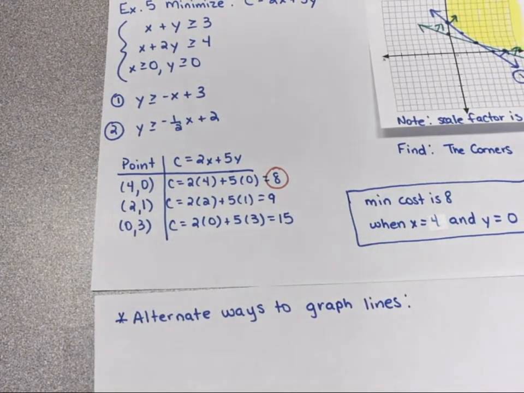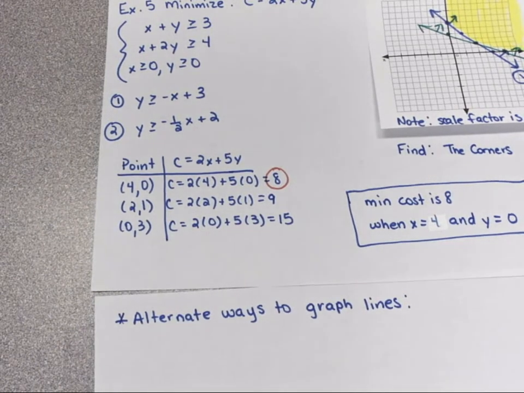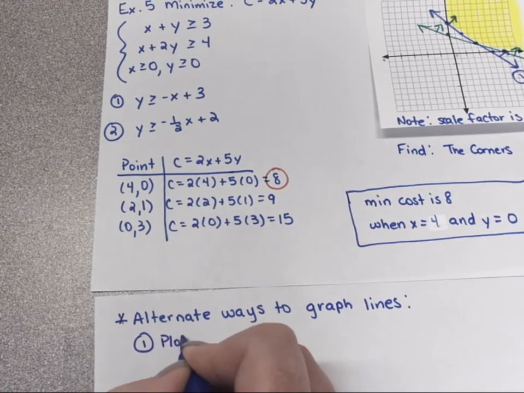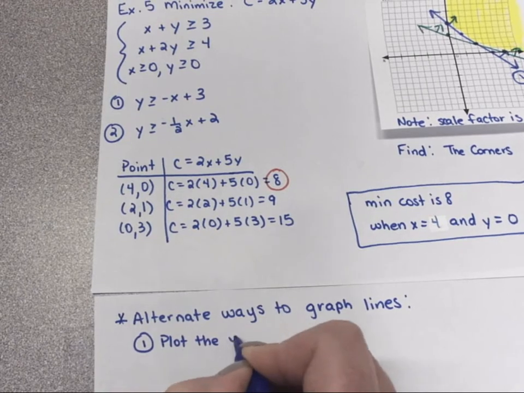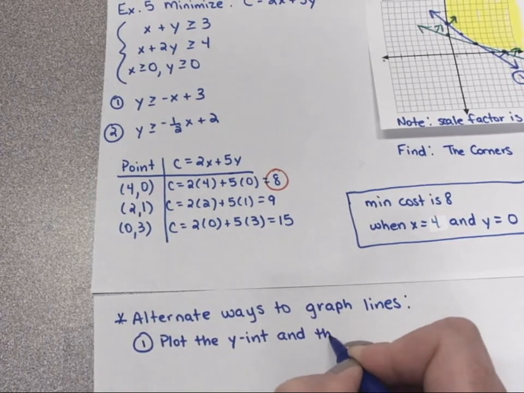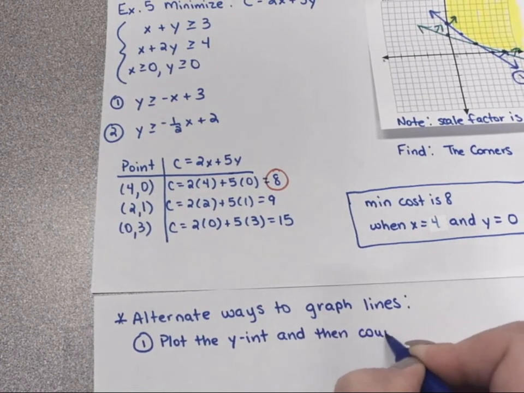Okay, because we've been graphing lines in one specific way, and we might need to transition away from that with some of the other bigger number graphs. So the first way is to plot the y-intercept and then count the slope from there. That's how we have been doing it.